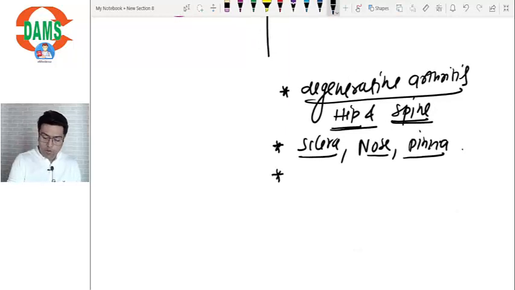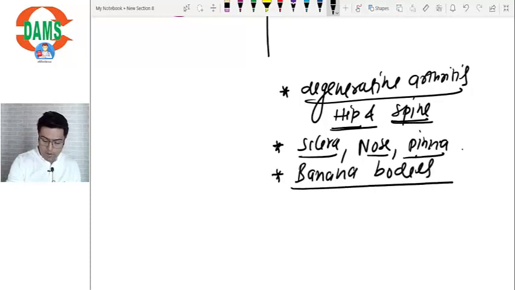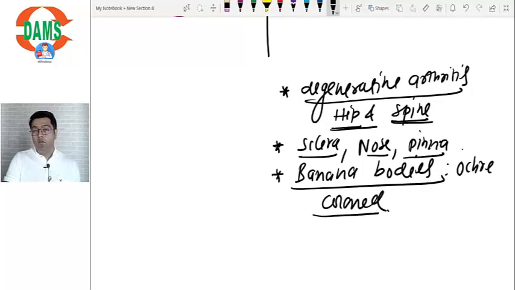And in alkaptonuria, if you take a biopsy of the skin where there is hyperpigmentation, on the histopathology slide, under the microscope, you will find some banana bodies. These are ochre colored, which gives the name ochronosis.